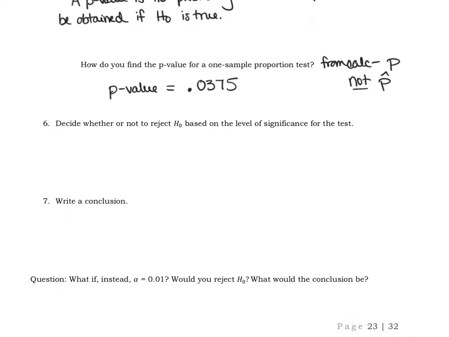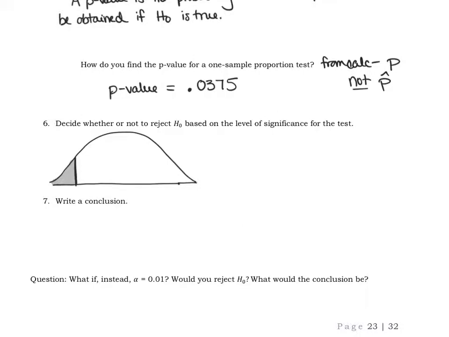All right, so now decide whether or not to reject the null hypothesis based on the level of significance for the test. So when we were running our test, just to give you a little visual here, we were doing a left-tailed test because our alternative hypothesis was that we were less than the value of 0.23. So we're going down here to the left. I'm going to do a little bit of shading in here real quick.